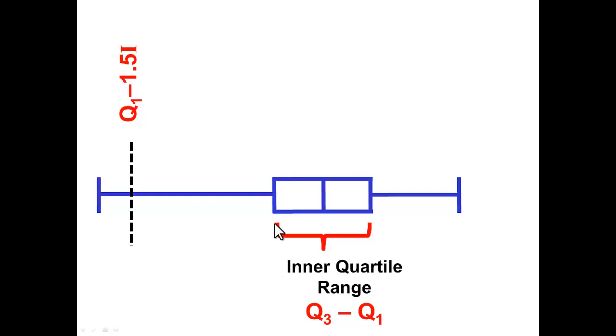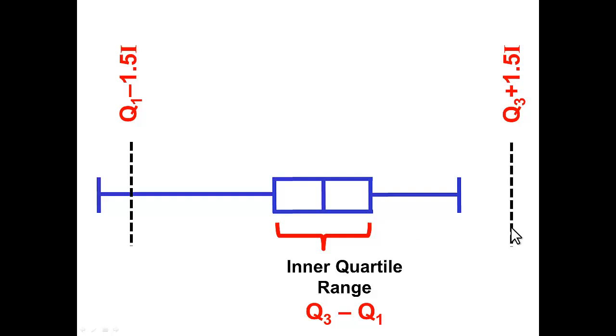Then we want to find the distance from the end of the box to 1.5 times that distance, here to here. So we take Q1 minus 1.5 times that distance. That gives us this distance here. Then we want to go 1.5 times that distance added to Q3.